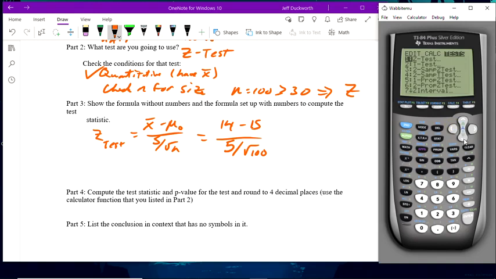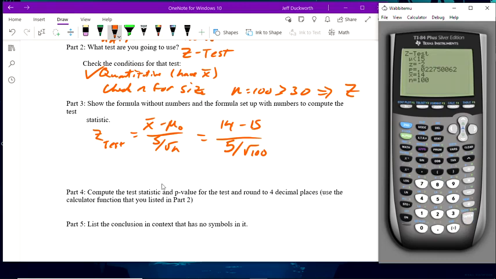Stat, Tests, Z-Test. We're testing at 15, that's our mu sub 0. We don't have sigma again, but we have s, which is 5. x bar is 14, and n is 100. We do have to change this next one, so we'll arrow over to the less than mu 0 and hit enter. Now we have that toggled, we'll be good.